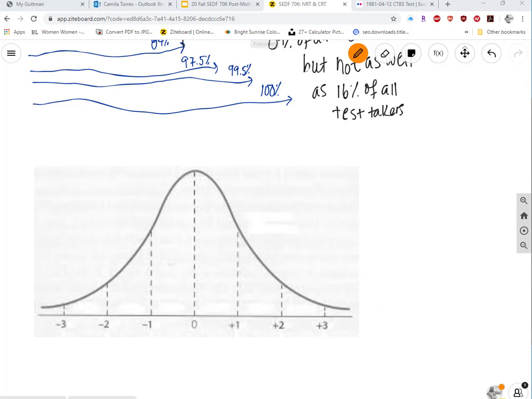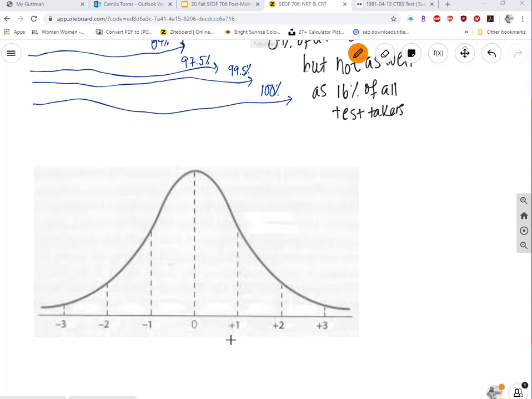So z-scores are these numbers that you see right here on this axis. The mean is given a z-score of 0. One standard deviation above the mean is given the z-score positive 1, 2 standard deviations above the mean is given the z-score positive 2, and 3 standard deviations above the mean is given the z-score of positive 3.